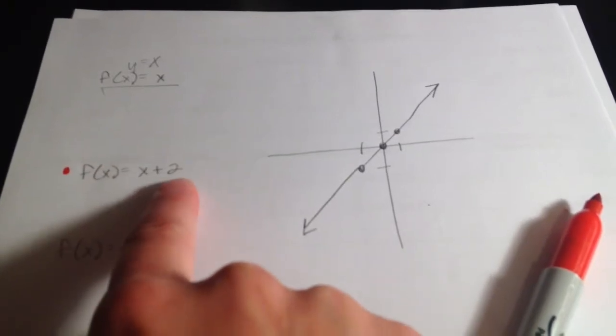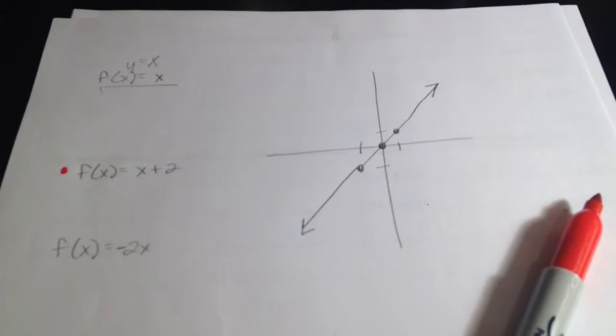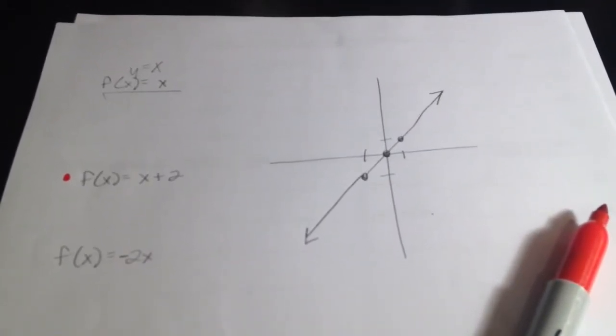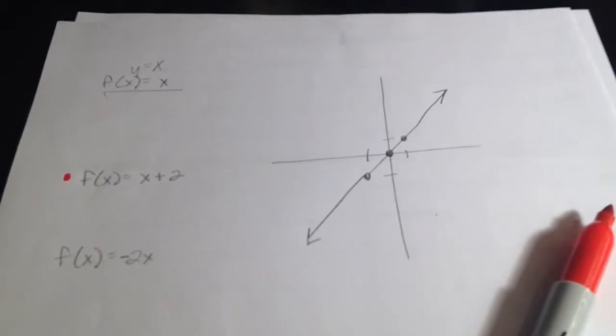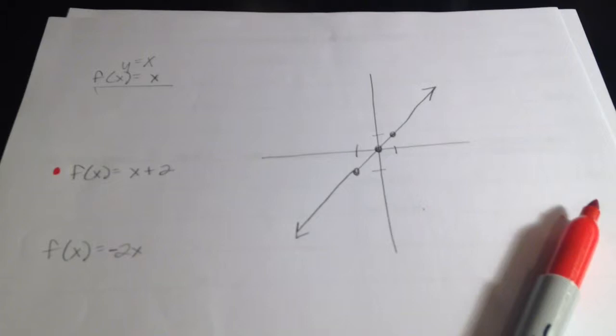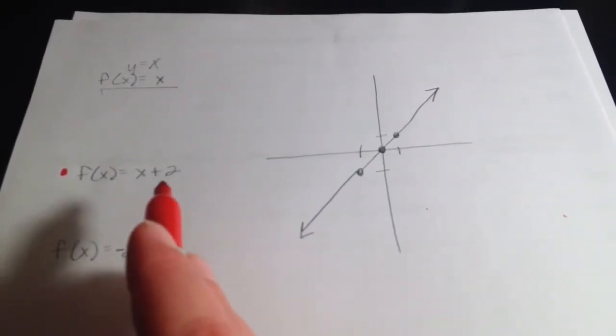It's adding 2. Now, on your notes, it shows that if you have parentheses around the x and you put a number in there, you're moving it left or right. If the number is just out to the side with no parentheses, then you're moving it up or down. So in this case, we're moving all of our points up 2.